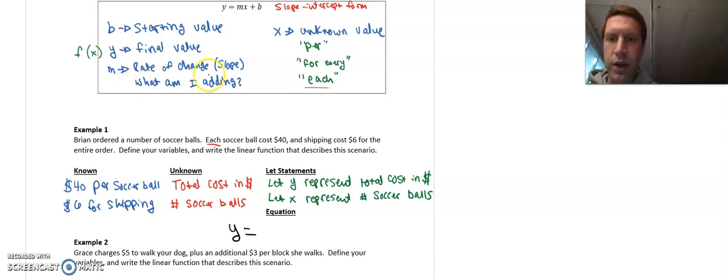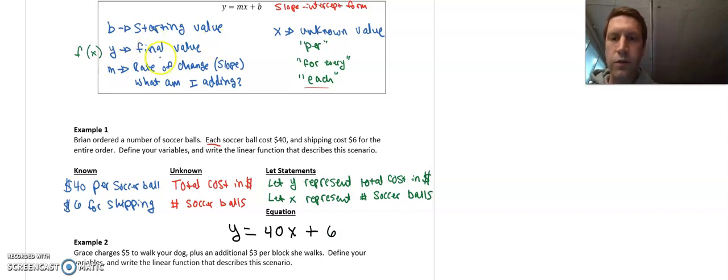Well, m is my rate of change, or what I'm adding every time. Well, every time I order another soccer ball, it's costing me $40, right? I want to multiply that by my x variable, so times x, which is the number of soccer balls I'm selling, and then I always have that $6 in shipping.